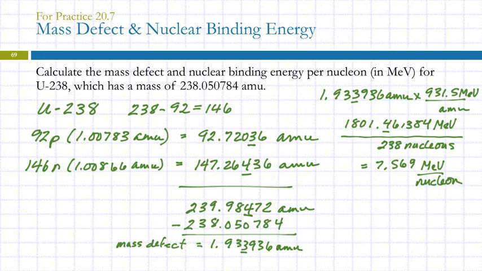So for the helium-4, we came up with 7.075. Here we've got 7.569. Higher nuclear binding energy per nucleon means this is more stable. Any questions?